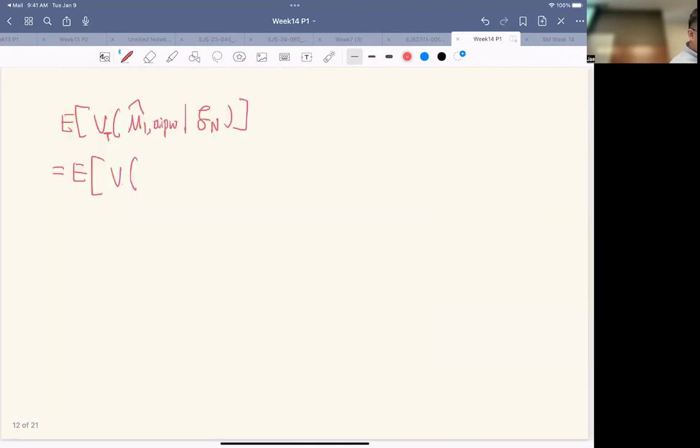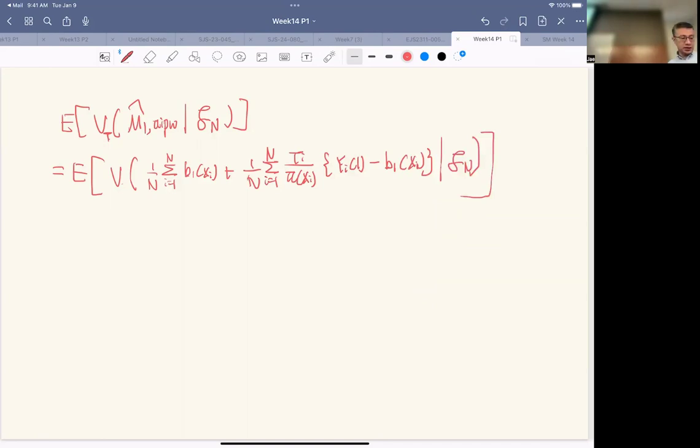So we can write it as 1 over n e1(xi) plus 1 over n ti over pi(xi) times 1 minus p1(xi). I just rewrite this one as this one.